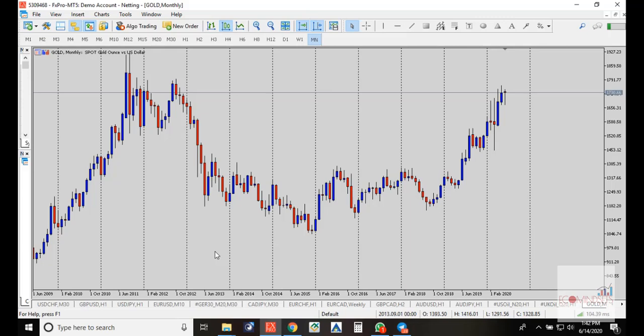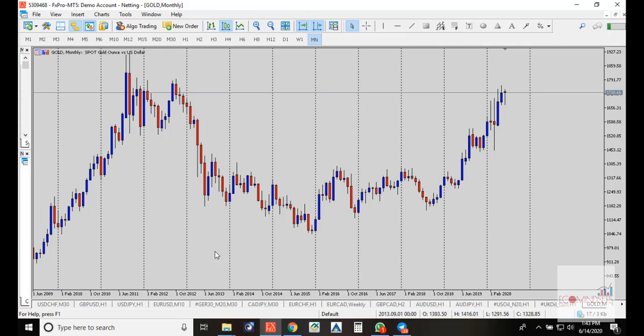I normally do my entries on 1 hour, and a lot of you ask how the entries are done. I use candlestick reversal patterns, either a rejection candle, an engulfing candle, a pin bar, a piercing bar, or a harami. These are my favorite, then morning star and evening star.